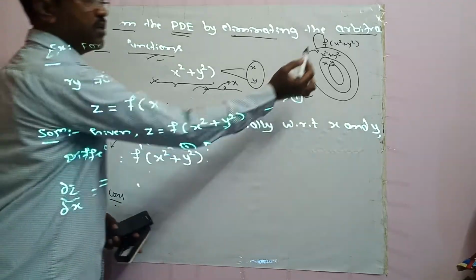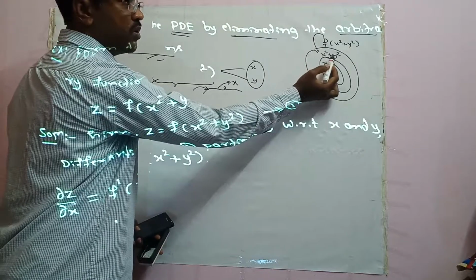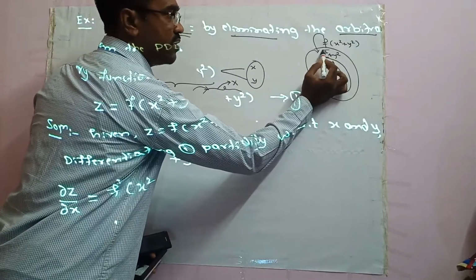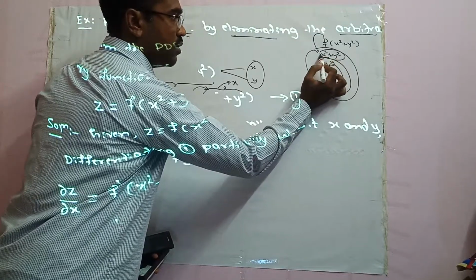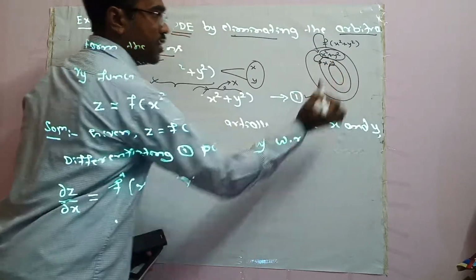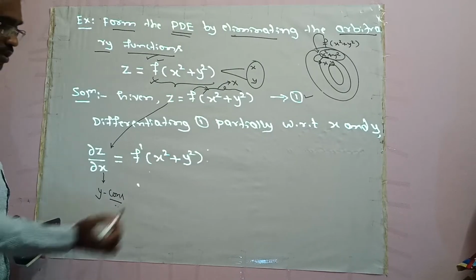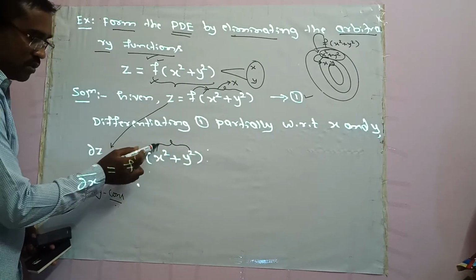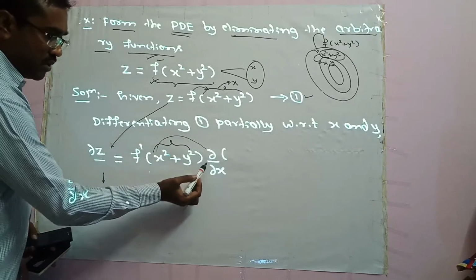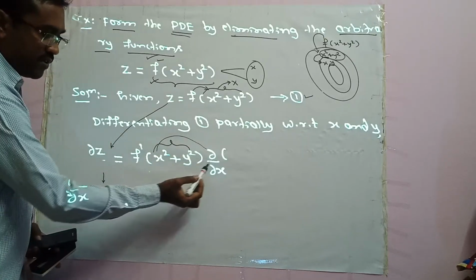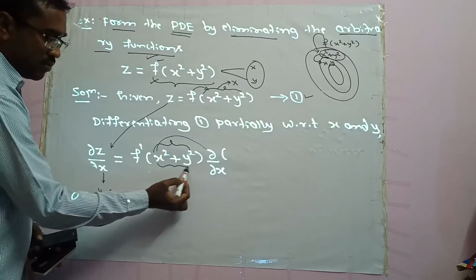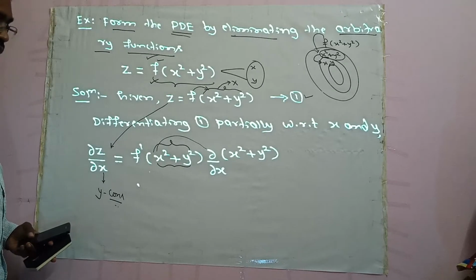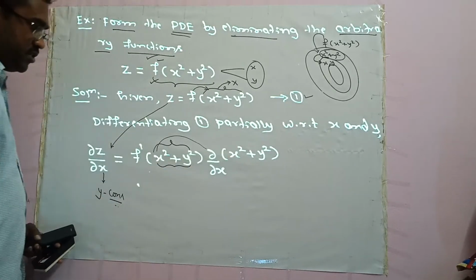Now we differentiate this x square plus y square with respect to x partially. Dou by dou x of x square plus y square we have written. In the next step we will differentiate this.